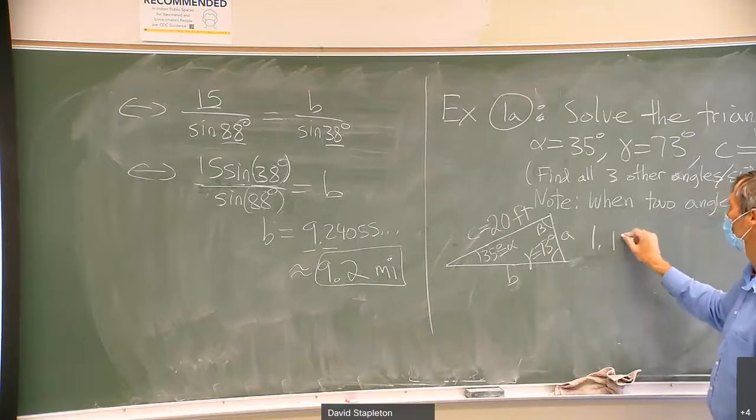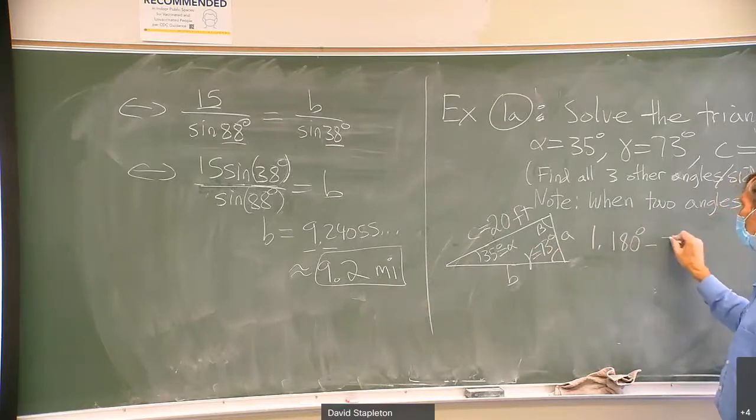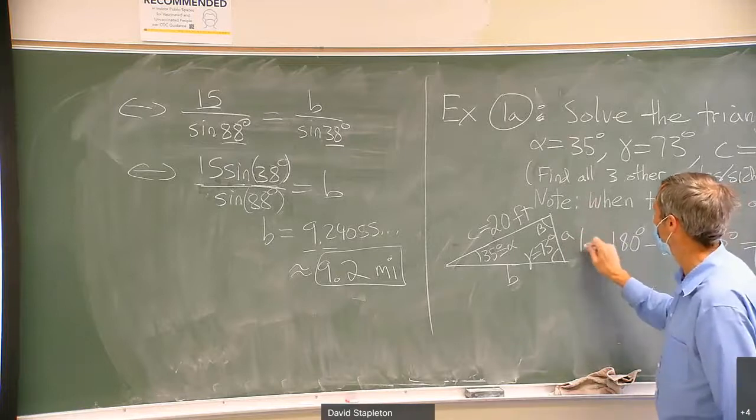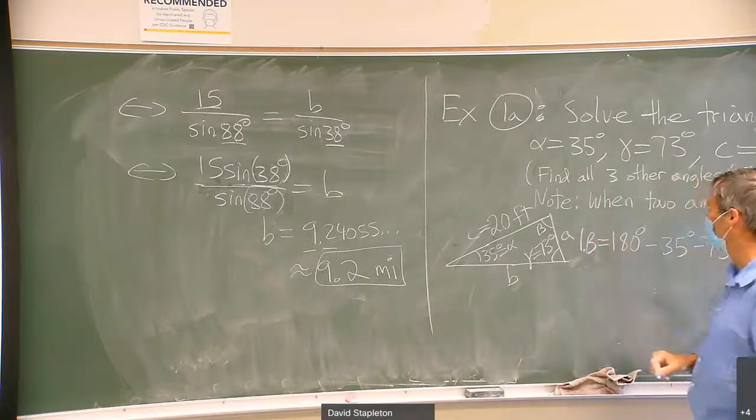Here's the first. We'll immediately use 180 minus the 2 we know is the remaining angle. 180 minus 35 minus 73. Let's see, these add up to 108. Right, that leaves 72 degrees to get to 180. So there's one thing immediately, and I should have said this is beta. We found beta, all right?